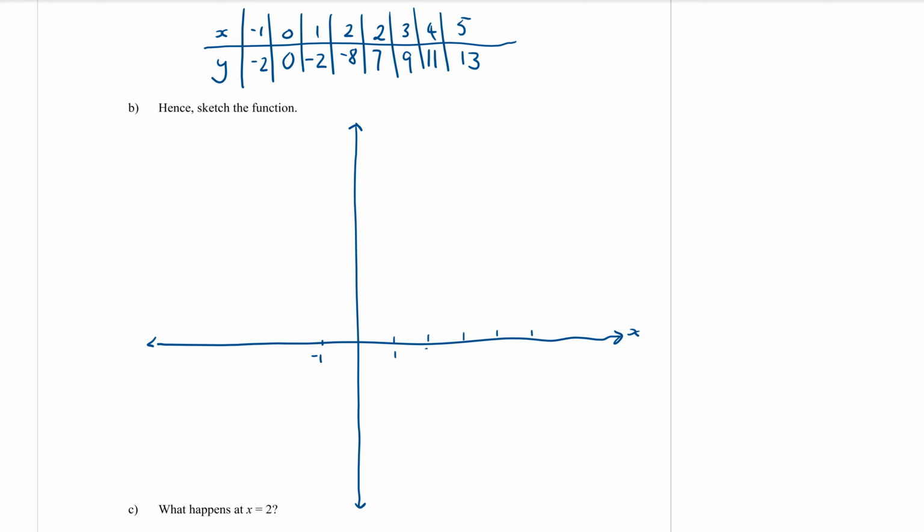So you'd measure centimetre spaces for each of those. My y values go all the way up to 13. Maybe you'd have to go counting by 2s to fit that in. So 2, 4, 6, 8, 10, 12, 14. And we need to go down to negative 8. 2, 4, 6, 8.